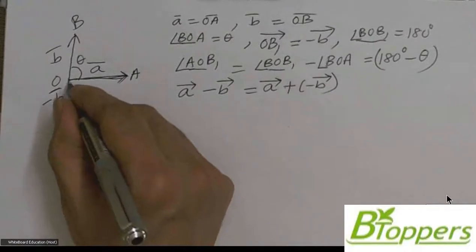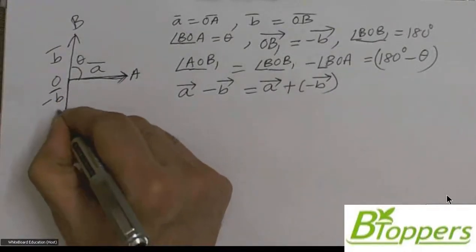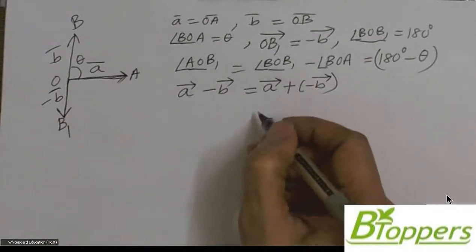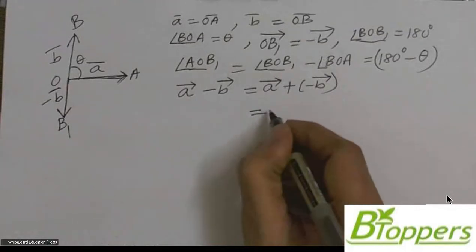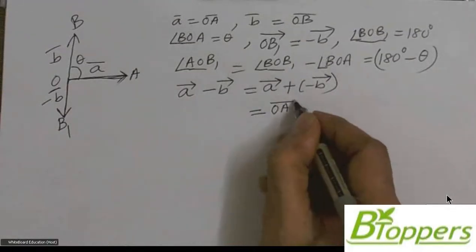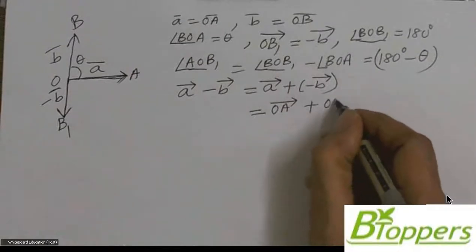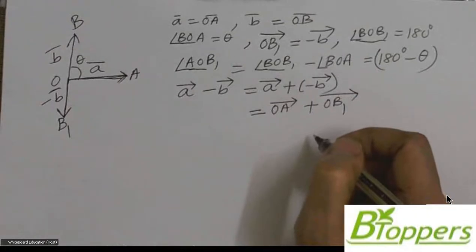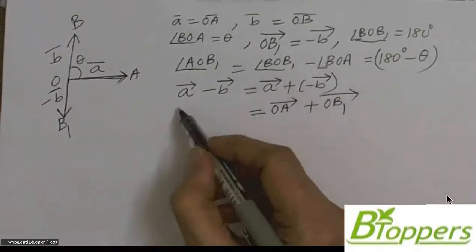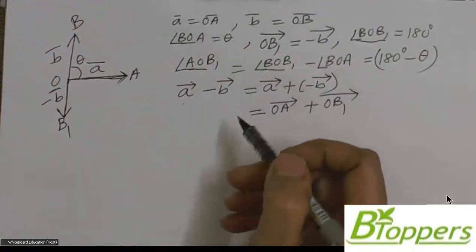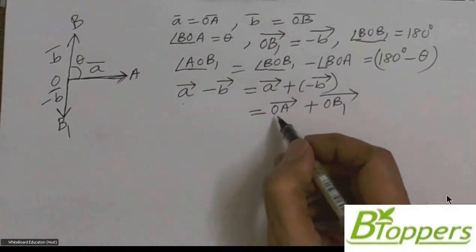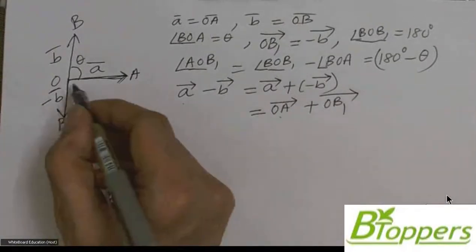The vector minus B bar is represented graphically by the directed line segment OB1 bar. So we can write A bar equal to OA bar, minus B bar equal to OB1 bar. So the vector difference A bar minus B bar in the diagram is the vector sum or resultant of the two vectors OA bar and OB1 bar.